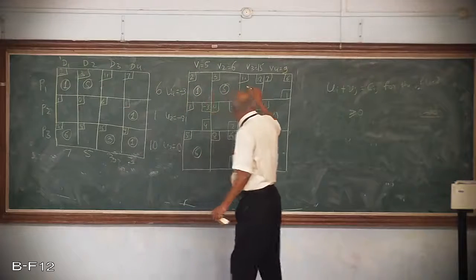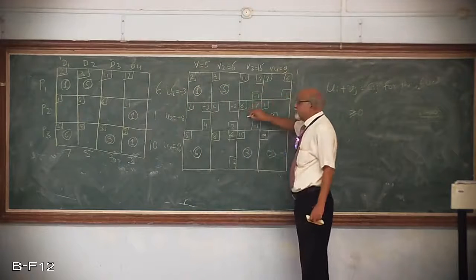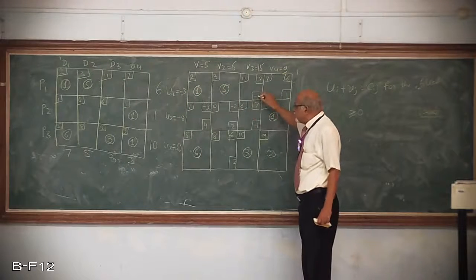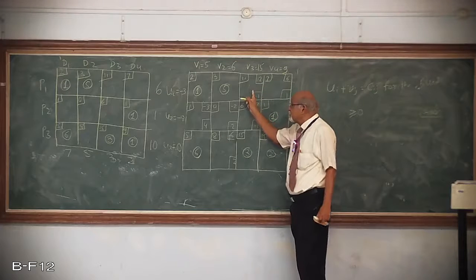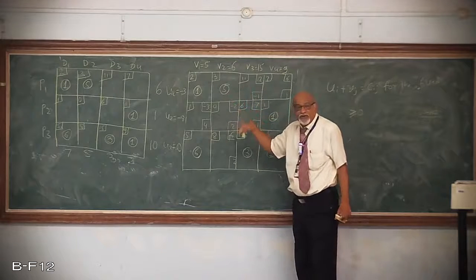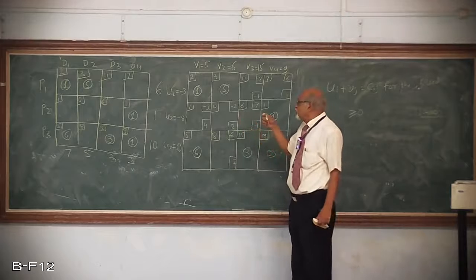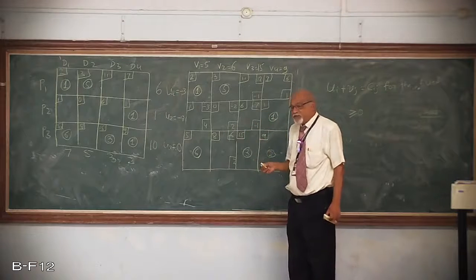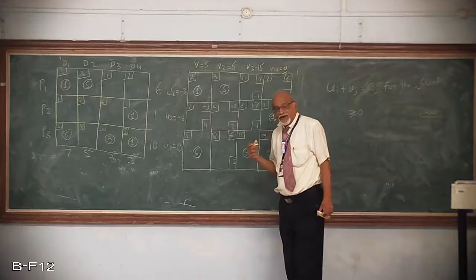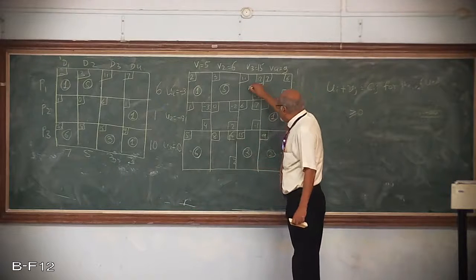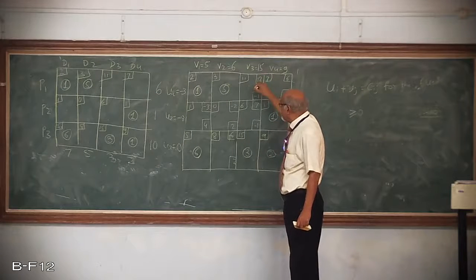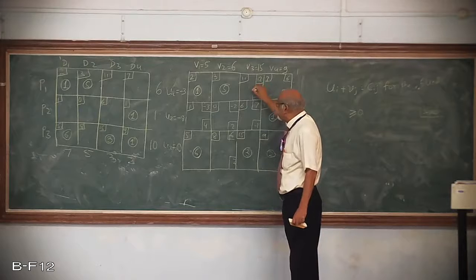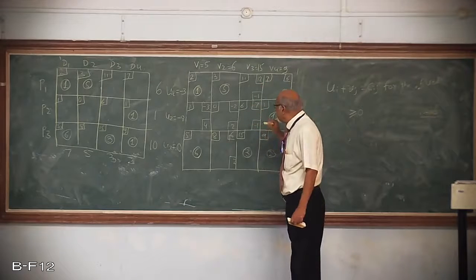Either this one or this one is the entering variable, because one at a time, only one cell is to be filled in, and another cell will become empty. I will make it empty. The one which becomes an empty cell is called the leaving variable. The one which we are going to introduce here, which is presently empty and will become occupied, allocated some values, is called the entering variable.